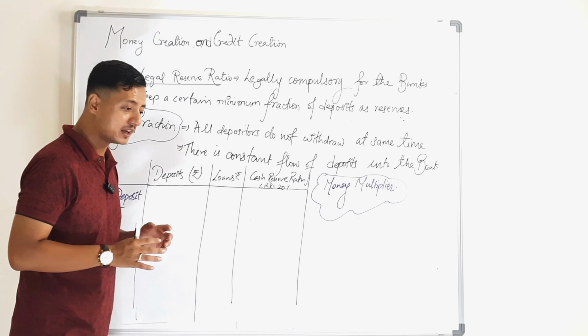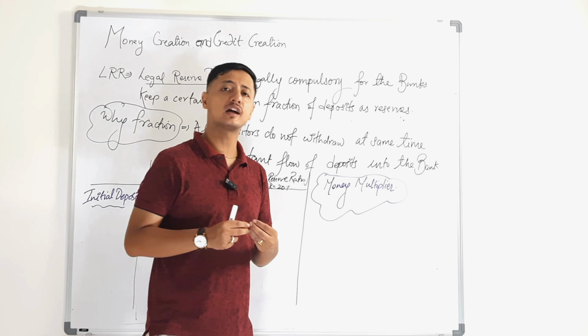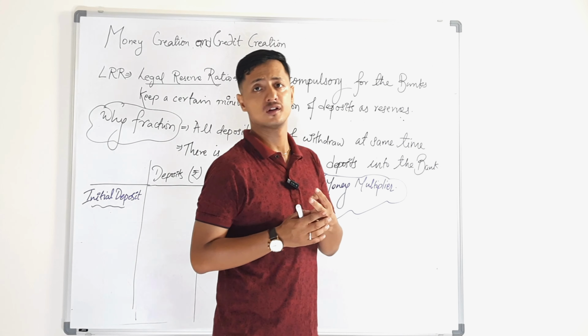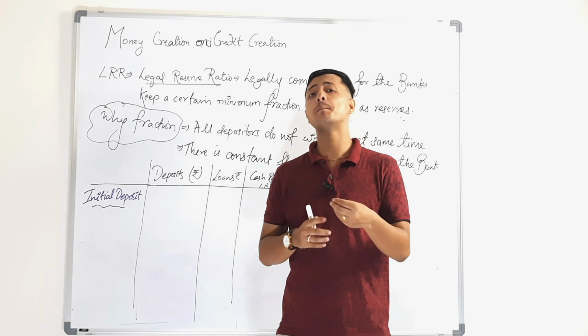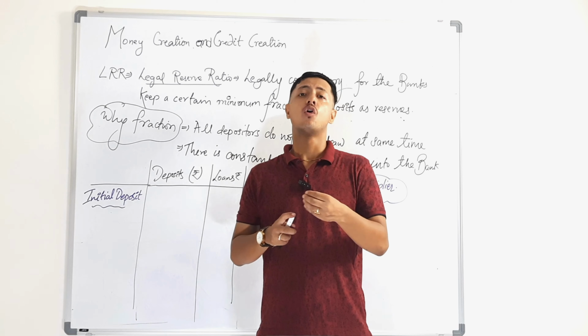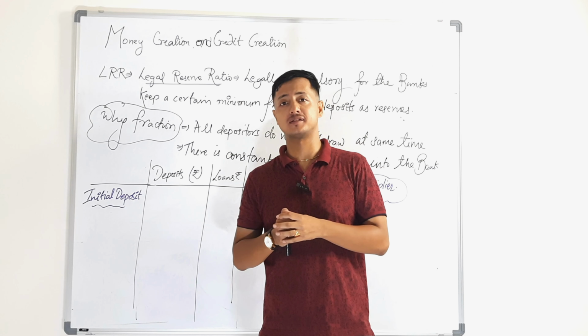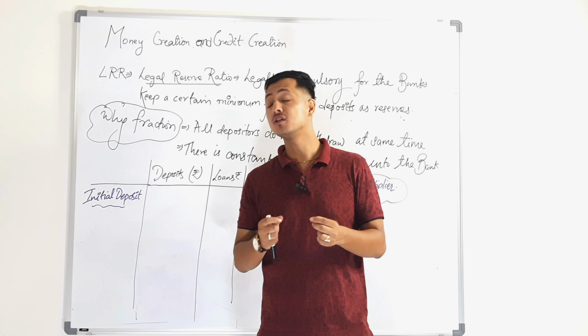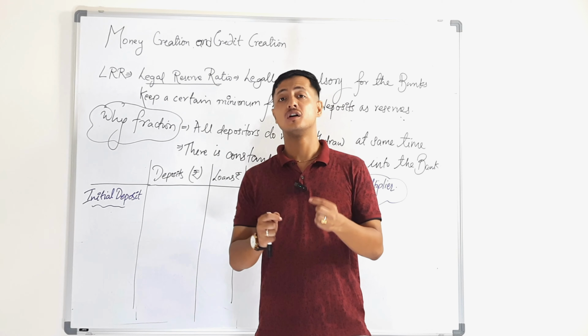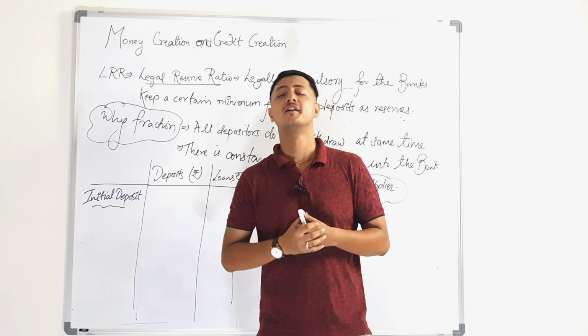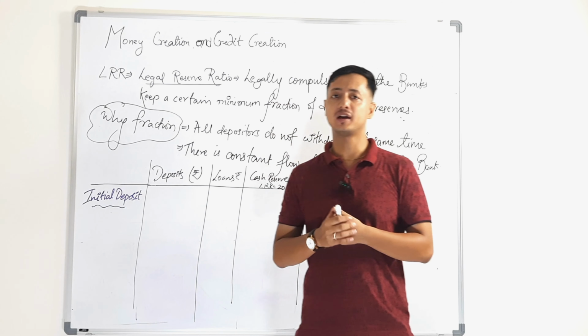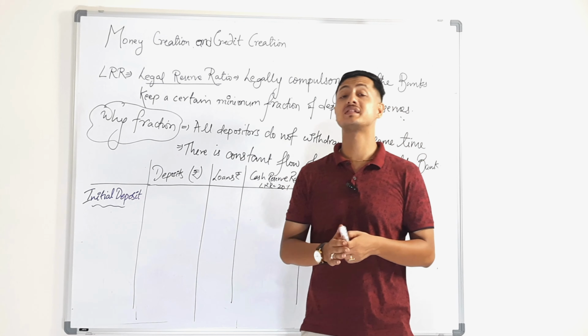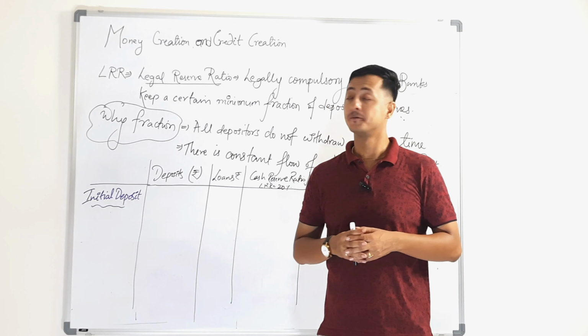Now, before understanding this, we have to take two assumptions. Whenever I mean bank, I mean all commercial banks system, okay? And all the transactions here would be routed through the bank only, okay? All the payments, receipts, everything is routed through the bank.